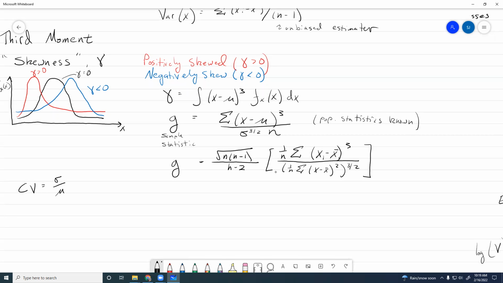So you could divide by the mean salary and compare the coefficients of variation. So the skewness coefficient, which I don't know a symbol for, we just call it skewness coefficient. And that is going to be gamma over sigma cubed, or G over standard deviation cubed.